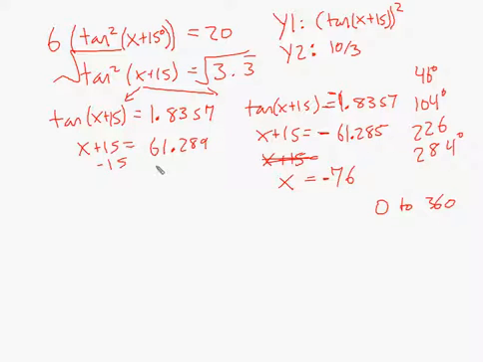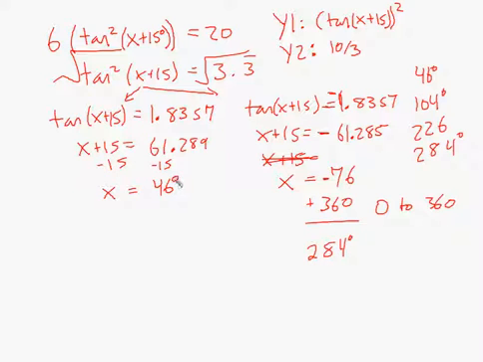I'll subtract the 15 here. So 61 minus 15, and I get 46. Now this one, I'm going to have to add 360 because I don't want my answers to be below 0. And that gives me my 284.